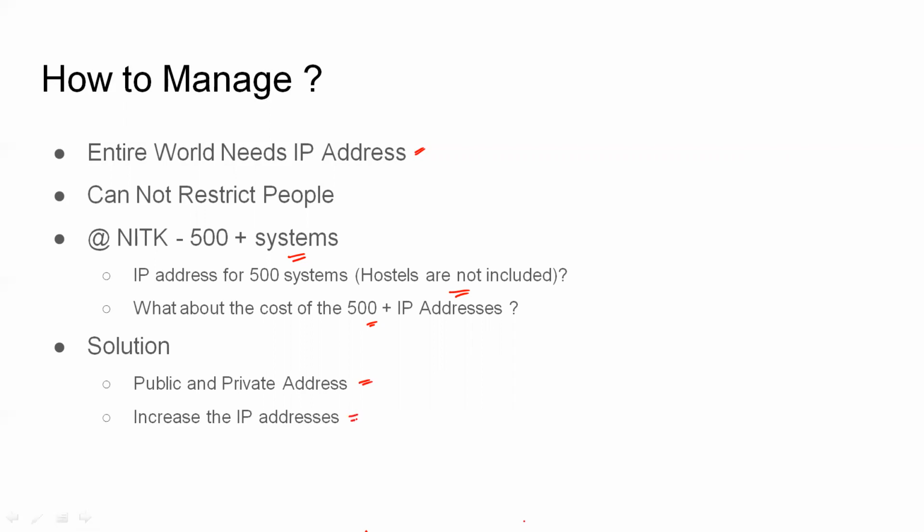The solution is that we can go for public and private IP addresses, and it increases the available IP addresses. The other option is IPv6. People are already working on it, but a combination of public and private works very well. What do we mean by public and private IP addresses? A private IP address is one which is local to the organization. In NITK also, we are using private IP addresses, and we have only 2 or 3 public IP addresses.